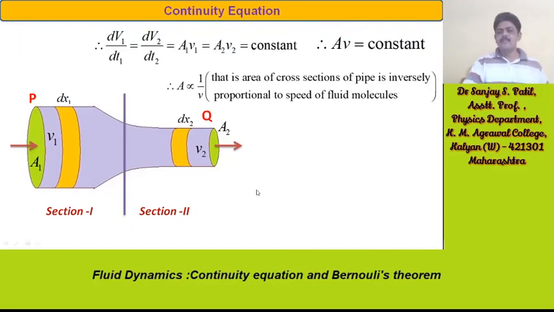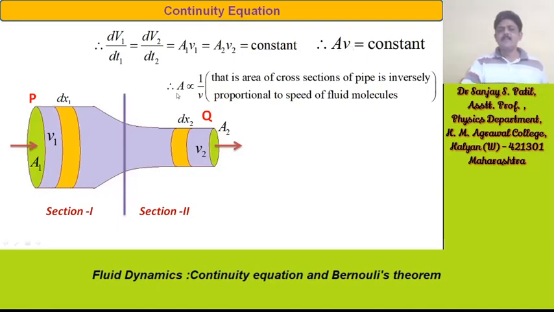So from this, dV1 by dt1 is equal to dV2 by dt2, which is A1 V1 equal to A2 V2 equal to constant. So therefore AV is equal to constant, where A is the area of cross section and V is the speed of fluid molecules.